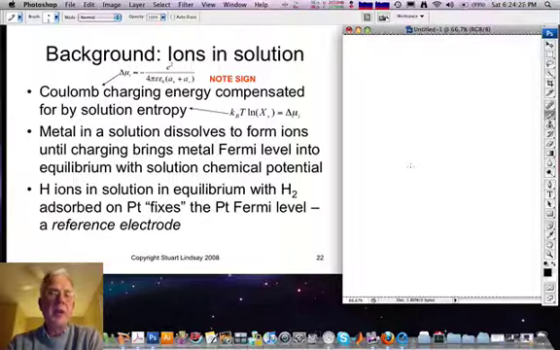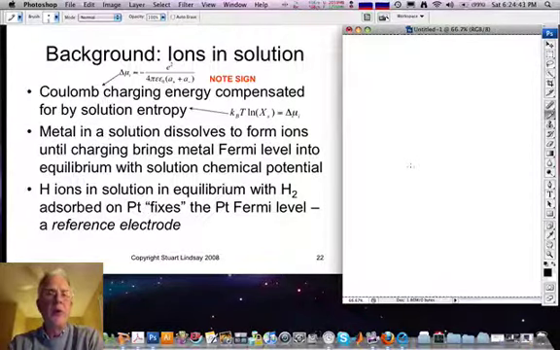This has to be compensated in some way. The thing that compensates this Coulomb energy required to separate, for example, a sodium and a chloride in solid sodium chloride comes from the increased entropy of the dissolved ions.